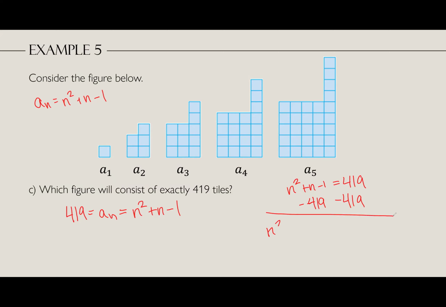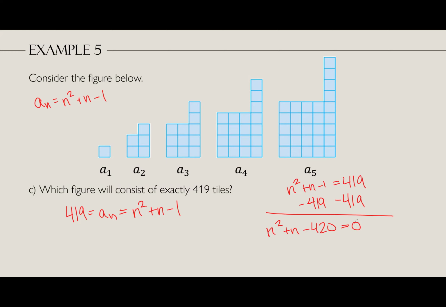giving me n squared plus n minus 1 minus 419. What do we get? Well, we get actually a nice value of negative 420. Depending on how you want to solve this, there's quite a few ways that you can solve it.